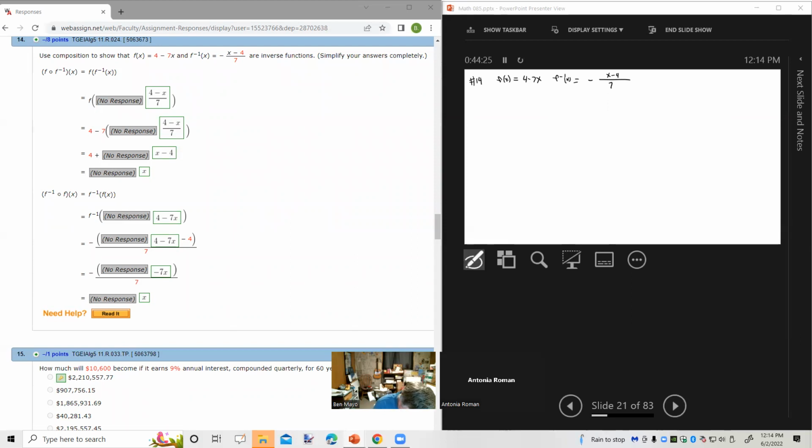So we're going to start with f composed with f inverse of x. That's equal to f of f inverse of x. That's the given. That's like your first step, right? Yeah. That's equal to f of negative the quantity x minus 4 over 7.